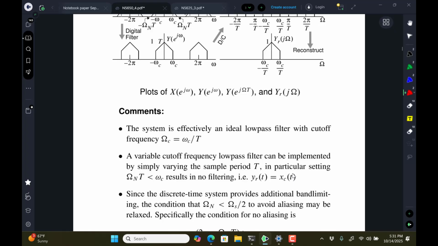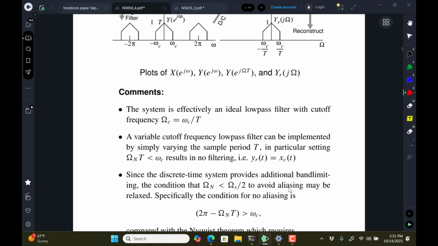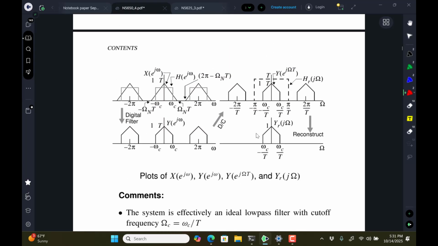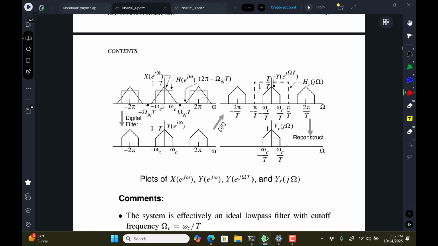Okay, so this is an ideal low-pass filter, and we can turn it into a variable cutoff frequency if we vary the sampling rate, which is kind of a bizarre application. By doing that, we'll be able to make it look like the digital filter's bandwidth is getting wider relative to the underlying sampling rate, and it will either take away more of the input signal or leave more of it present.